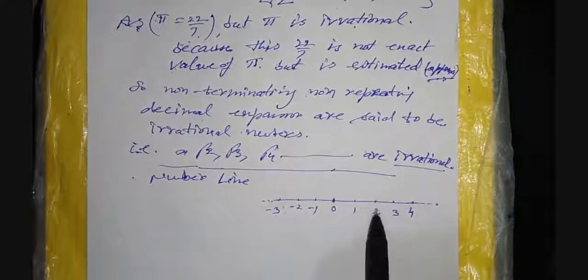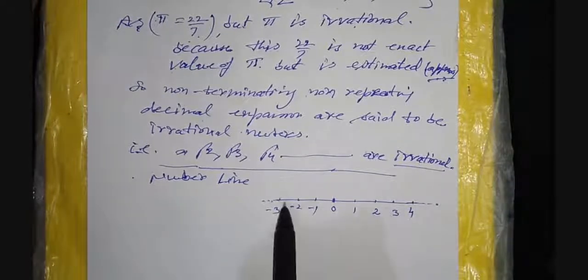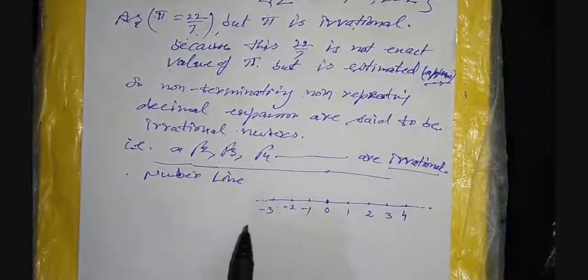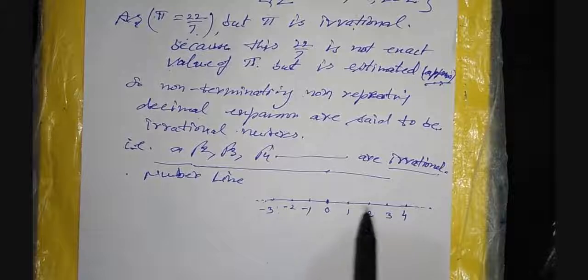So we are taking 2, 3, 4, -1, -2. You can see easily.